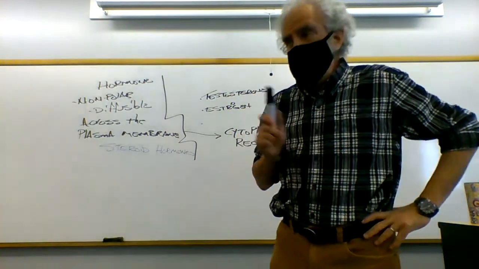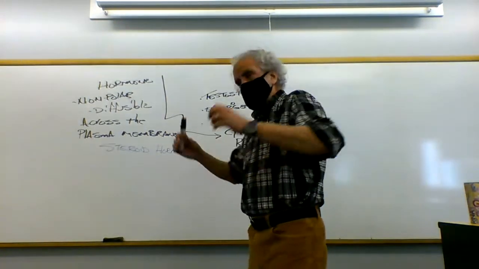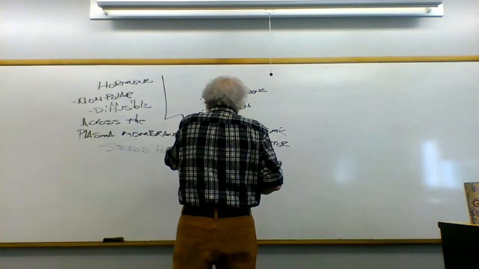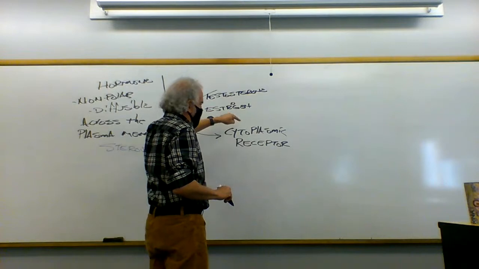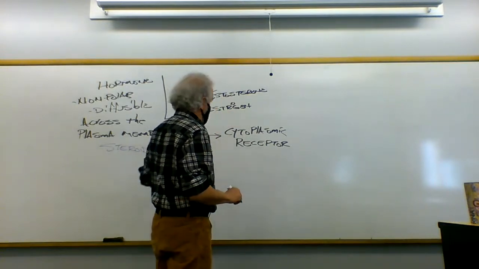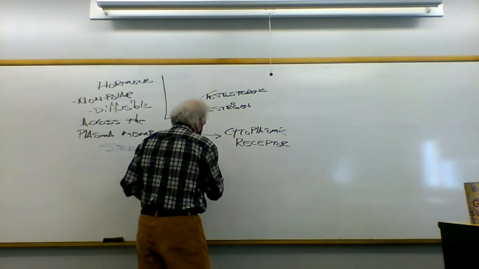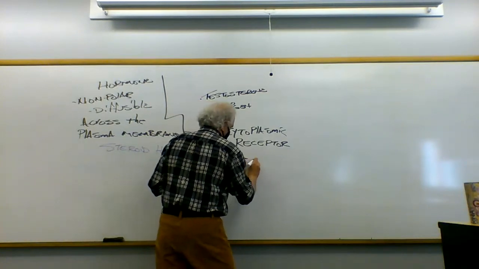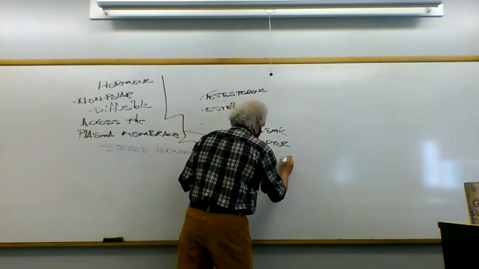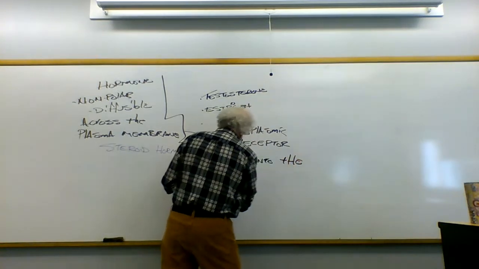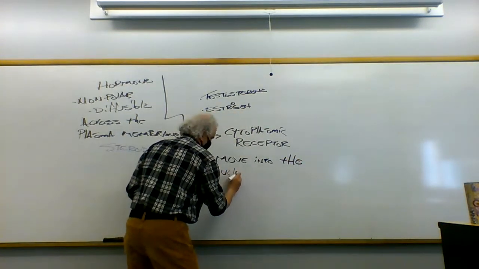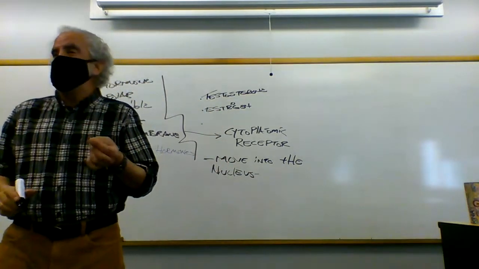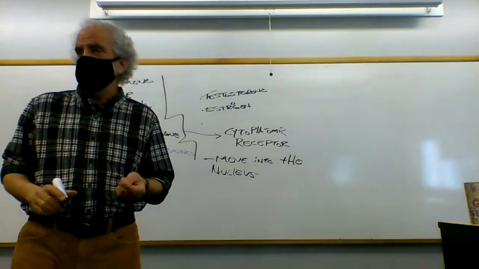Pretty much condensing a lot of stuff, we'll talk about some of the experiments, once the steroid hormone receptor binds the steroid hormone, it then is going to move into the nucleus, and there it's going to bind DNA and act as a transcription factor.